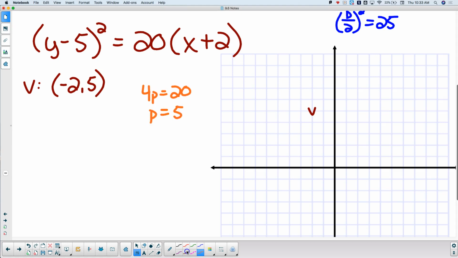And since the focus is 5 to the right, because it opens right, that puts my focus right there, which is at 3, comma 5. 5 to the left then would be my directrix. 2, 4, 5.